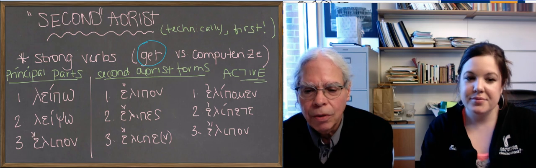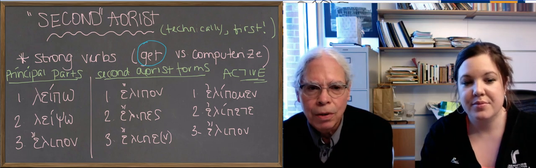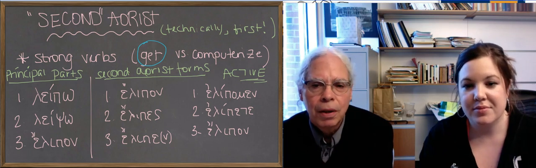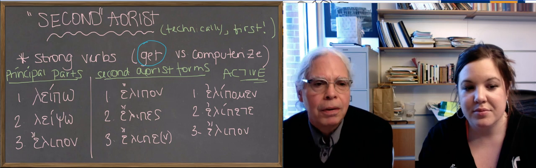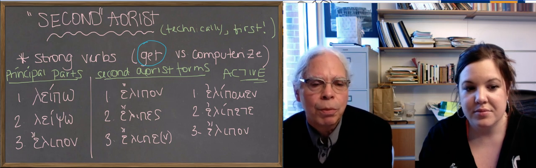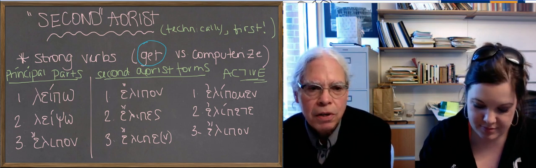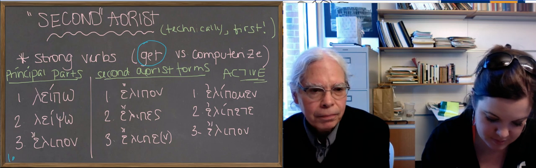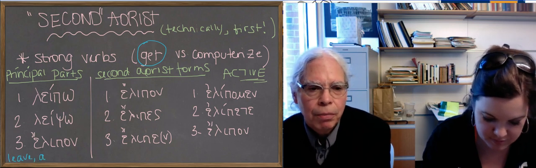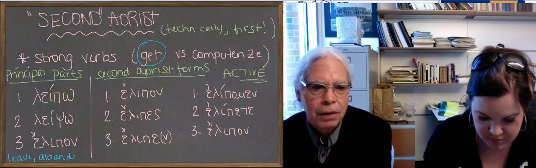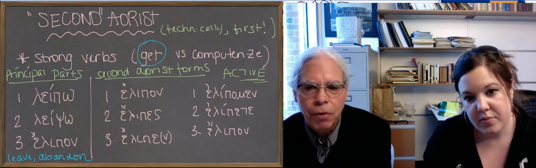The book starts out slowly by teaching you one such verb, and that verb is the verb lepo. We put the first three principal parts of the verb lepo on the left-hand side of the blackboard, which means leave or abandon in the active voice. And what we're going to look at in the video here is the active forms.